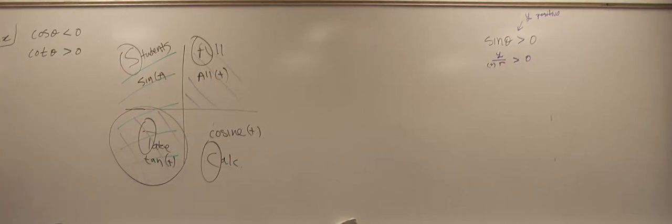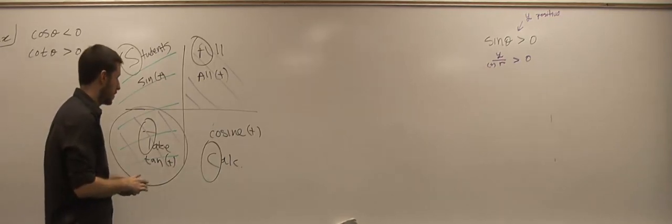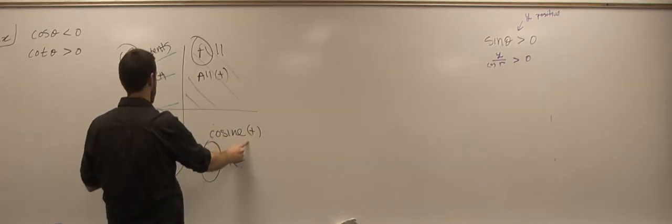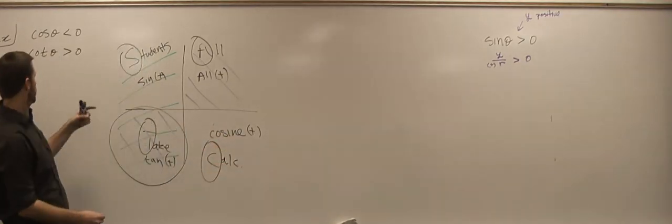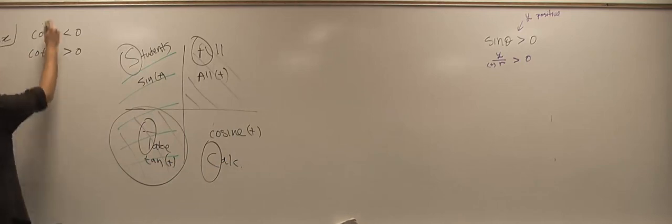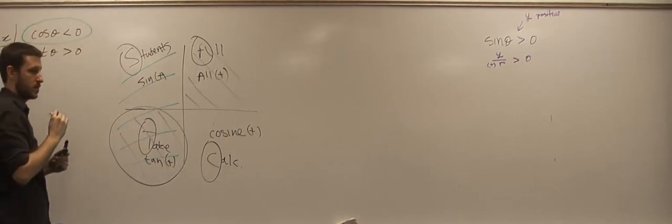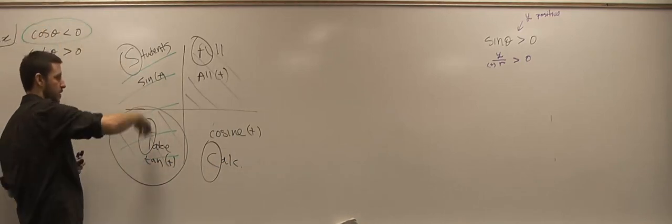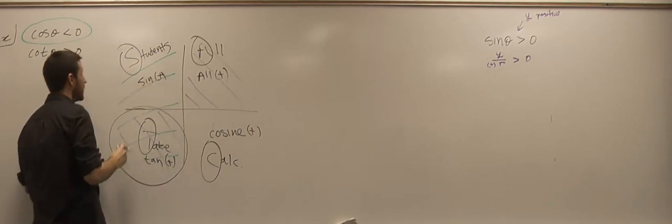So cosine is less than 0. I'm just confused, because I would think the purple part is the one that's negative. Why? Because it says cosine is positive. Cosine's positive, but I'm confused. Cosine's the green one, where I shaded green.